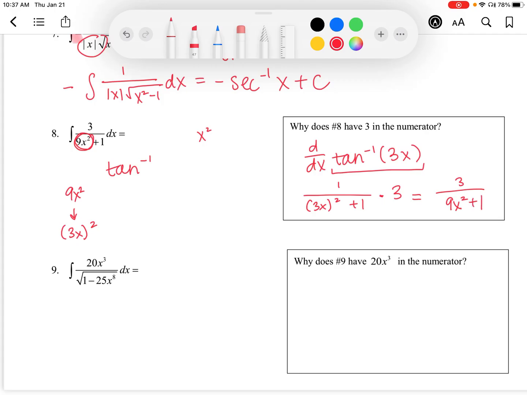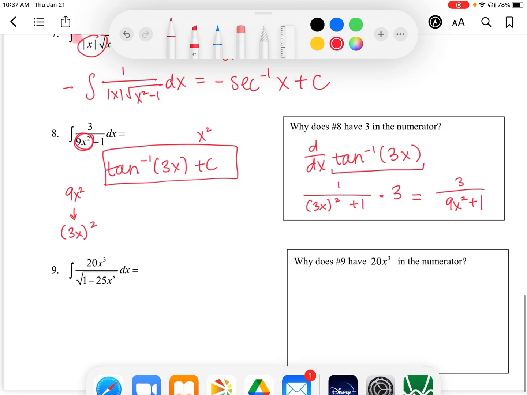And that gets us back to what's inside of our integral. So we're kind of looking at doing the chain rule backwards. So my answer is going to be inverse tangent, but it's going to be inverse tangent of 3x plus c.